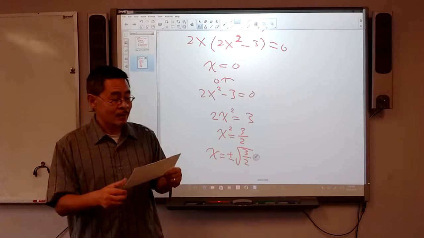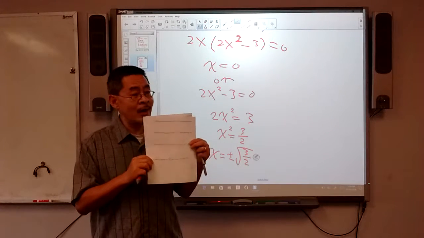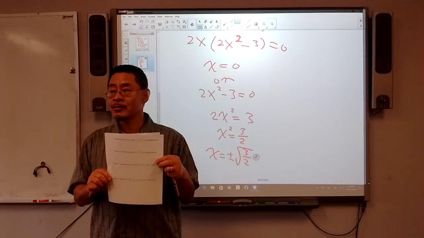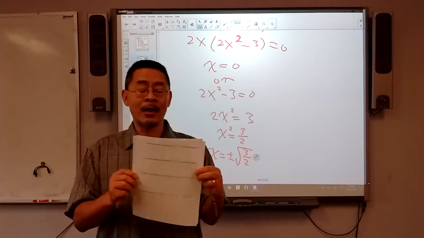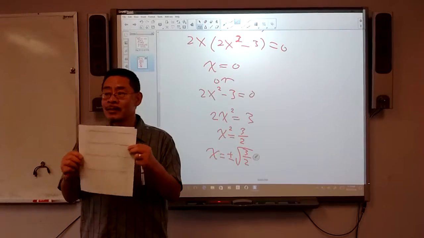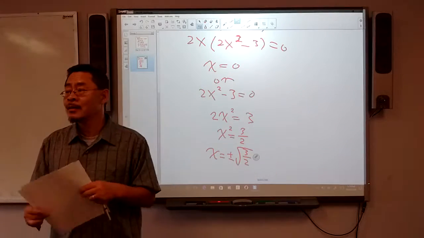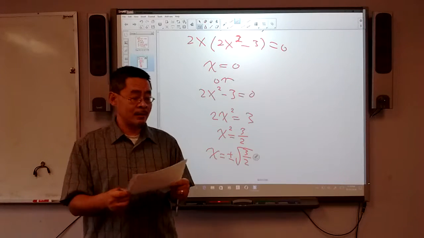Calc 1 and Calc 2 are basically what we are teaching here. Calc 3 is beyond this textbook, but once you have the basic understanding, Calc 3 is not that hard either.